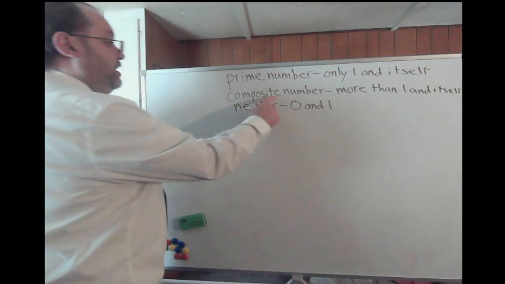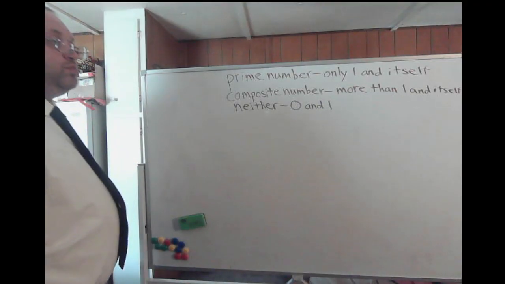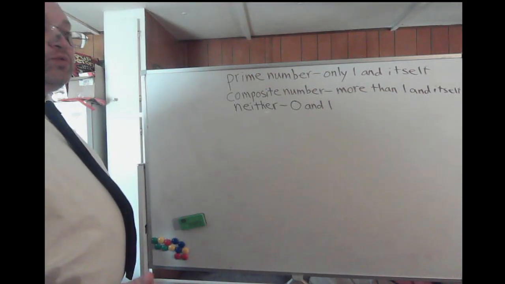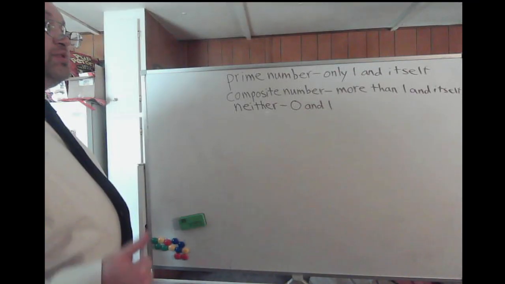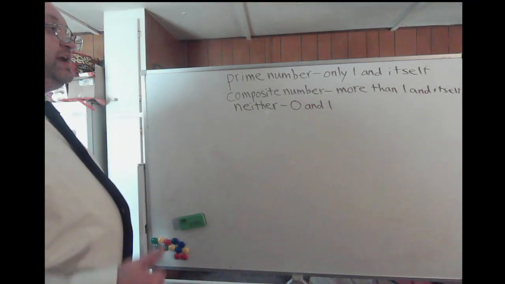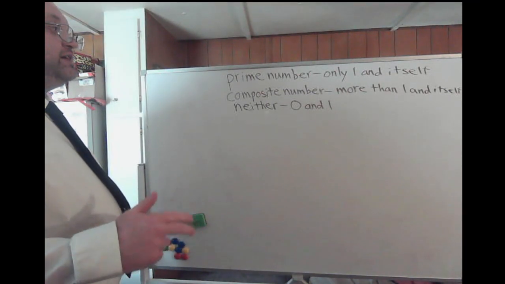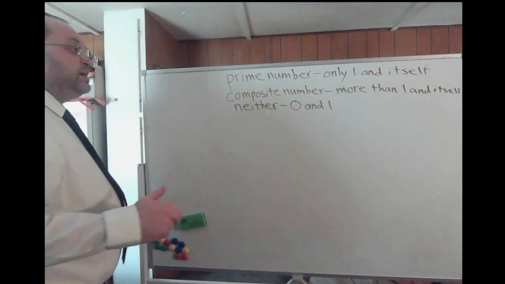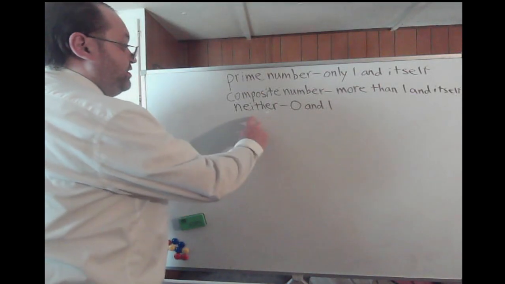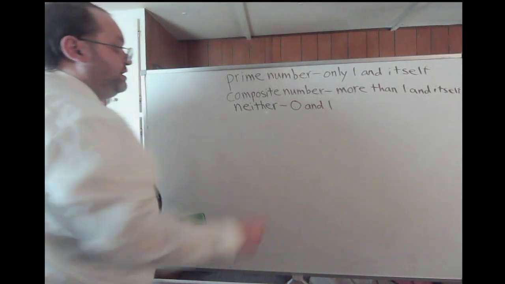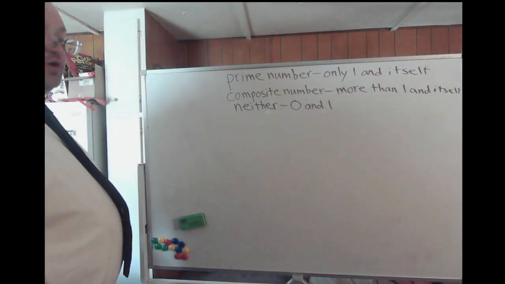Then you have composite numbers, which have more than one and itself as factors, such as 21, where you have not only 1 and 21, but 3 and 7 as factors. And then you have two numbers that are neither. 0 and 1 are neither prime nor composite. They're just their own.